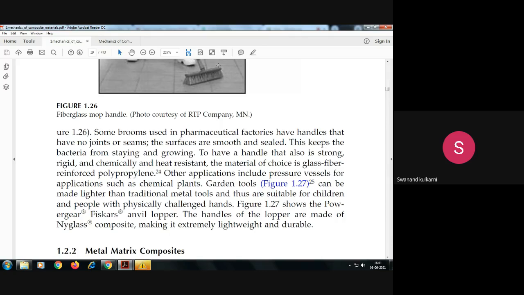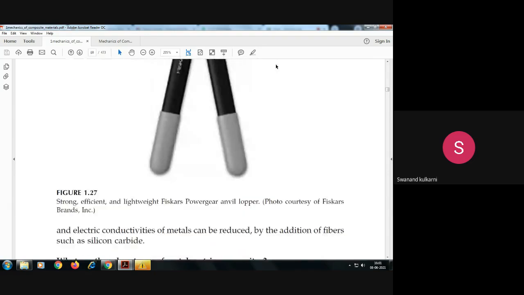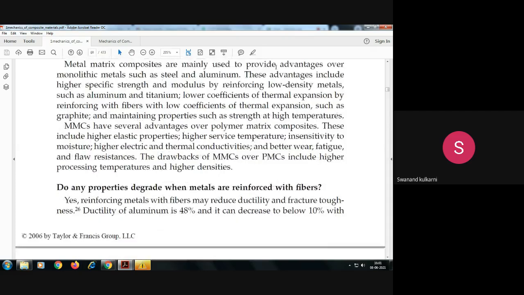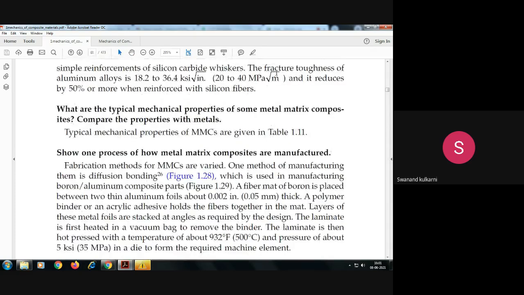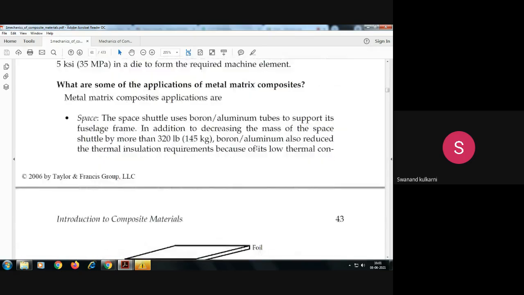Then fifth one, we have seen the applications area in the marine sector. Then sixth, we have seen the application area in the automotive sector. And seventh, we have seen the different commercial applications like the example of pharmaceutical industries. How in pharmaceutical industries these polymer matrix composites are used.